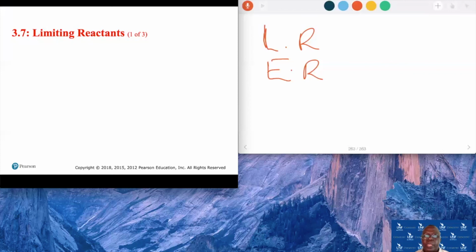Somebody might think the reactant which is present in the smallest amount is always the limiting reagent. No, that is not the case. Sometimes the excess reagent is present in small amount. A sure way of determining the limiting reactant is to do the calculation and see which one gives you less amount of the desired product using mass to mass or mole to mole.